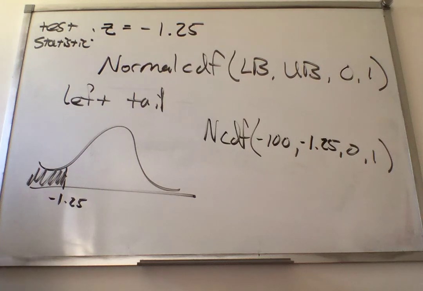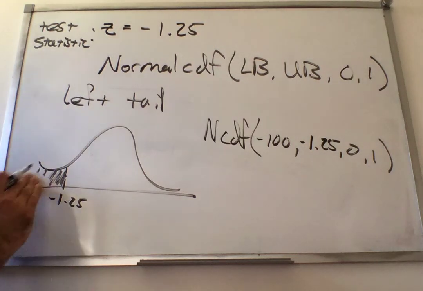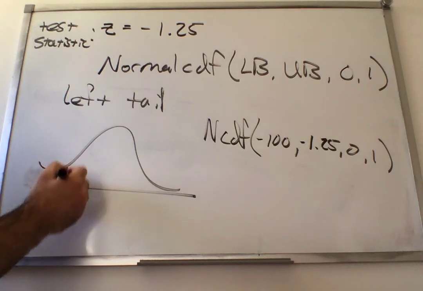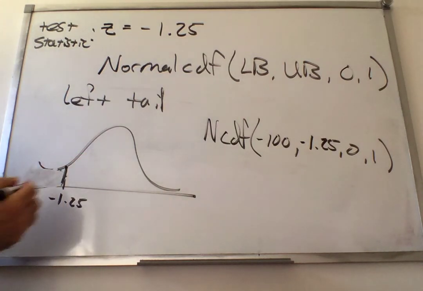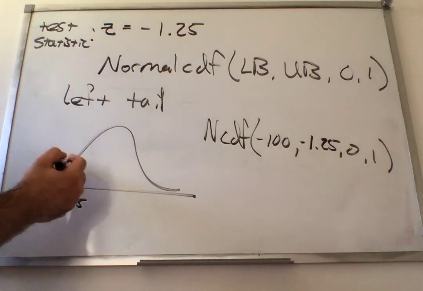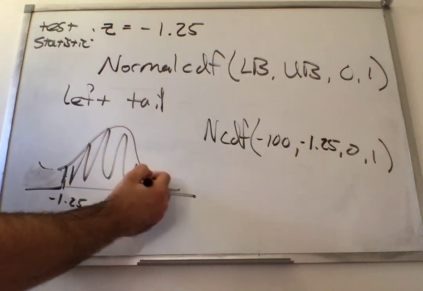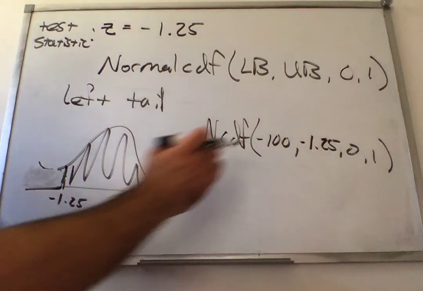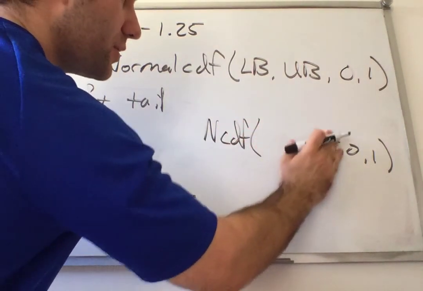Now, say you wanted a right tail test. You still could have a z-value of negative 1.25, except the area that it'd want would be this right half. It's just a really big right tail. That's all it is. And then all you do is switch these numbers.